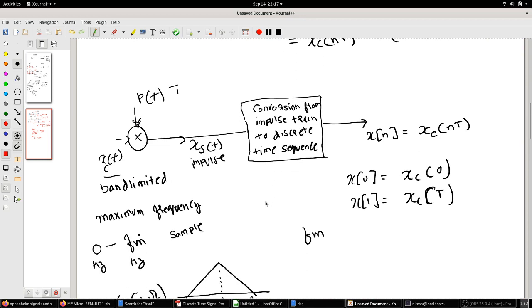What we have done here is xc of t, which had a frequency of fm, and p of t has a frequency of fs.